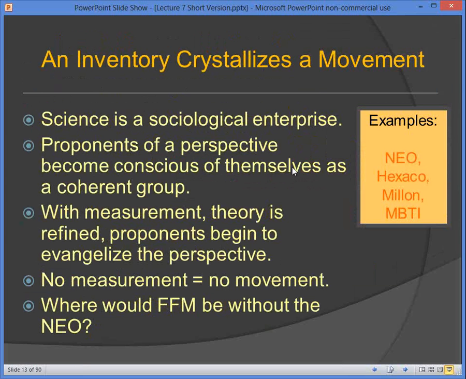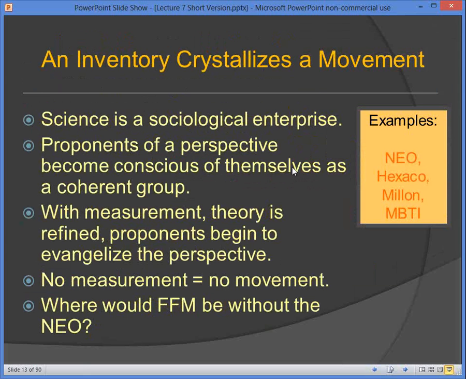What's important to know is that an inventory tends to crystallize a movement. We've got a lot of different traditions in personality, like the cognitive tradition, for example, or the lexical tradition. Until an inventory comes along, momentum really doesn't build in a strong way. Think, for example, how much the Neo changed things. The Neo comes along in the mid-1990s.